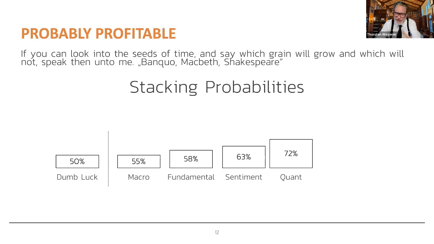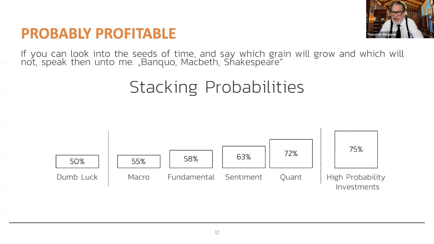I look at the sentiment of the market participants, which was achieved through voting in terms of they were buying options, selling options. I can see the volume happening there, and obviously the quantitative approach to see what the past can tell me. And as the sum is always bigger than its parts here, we have high probability investments. 75%, where I started at dumb luck.